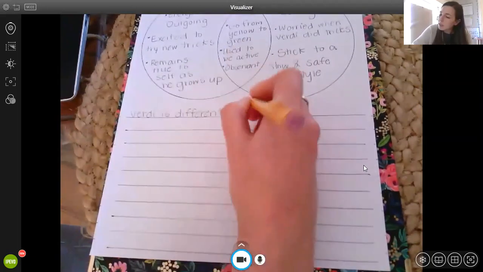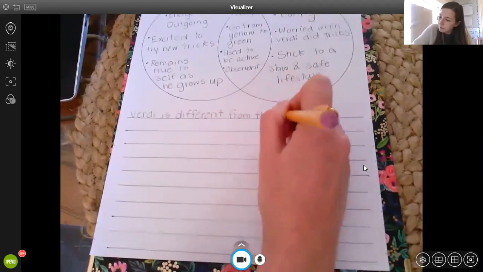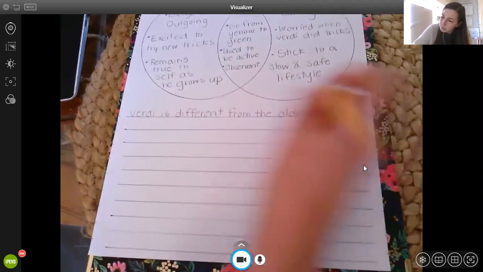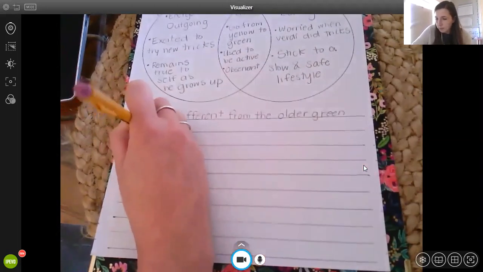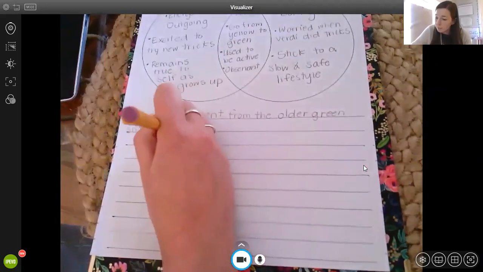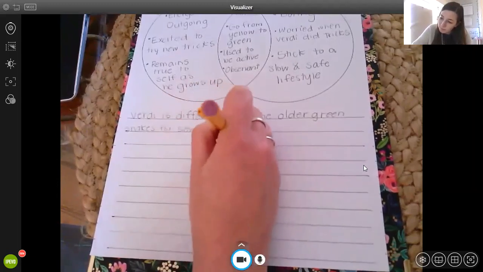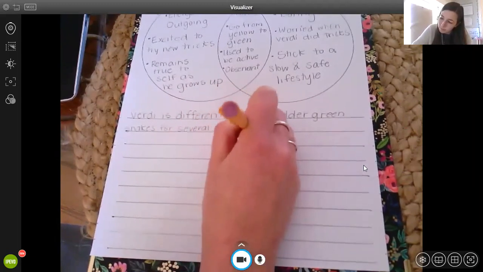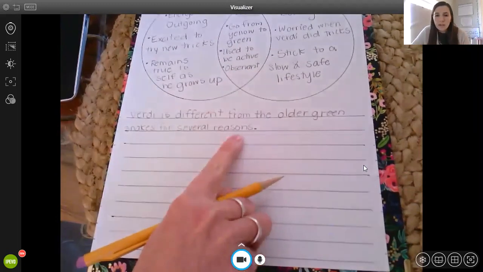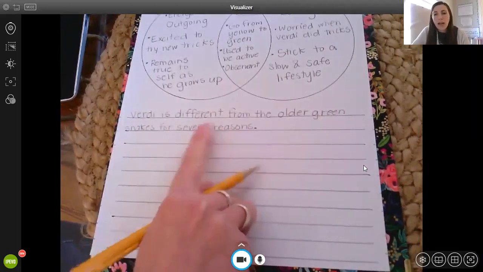Verdi is different from the older green snakes for several reasons, or for more than one reason. Okay, so the reason why I said this is because now the next thing we're going to do is actually list the reasons how they are different.